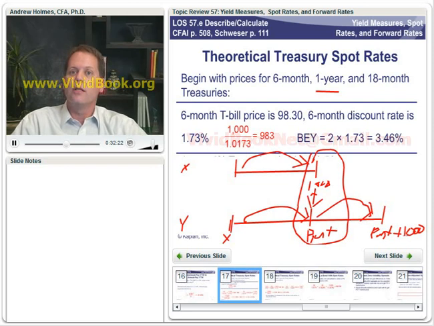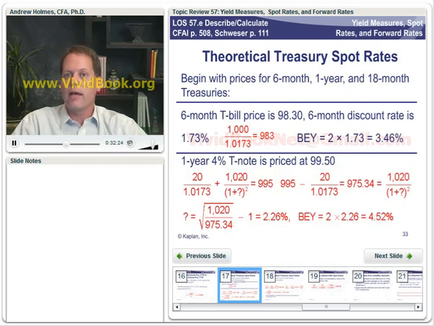So looking at the value of the bond, we get the bond that's trading at $98.30. That's the present value today. Then we're going to say, well, what's the discount rate? We solve for that. We get 1.73%, or on a bond equivalent basis, 3.46%. Now, looking at the 1-year 4% Treasury note, it's priced at $99.50. So $99.50 says what?